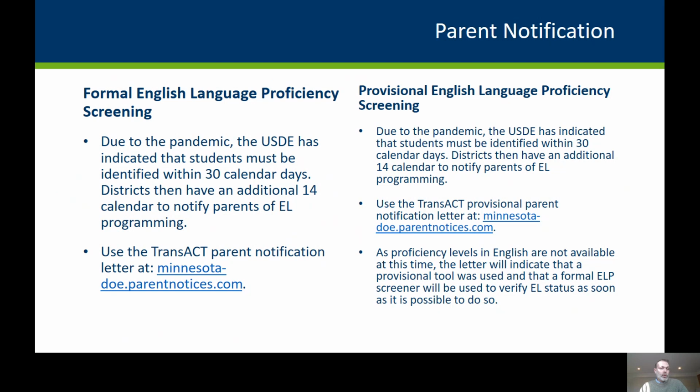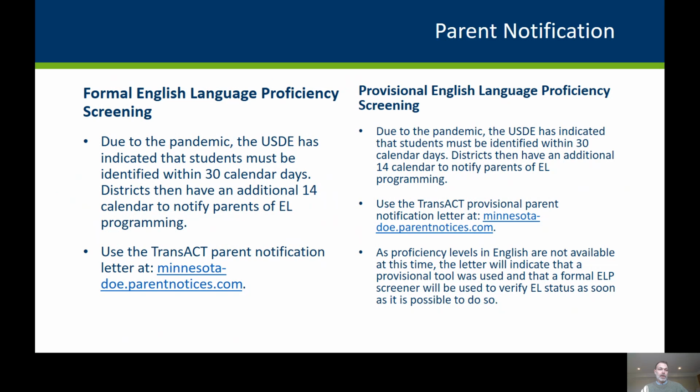Parent notification is going to look very similar to what it has looked like in the past. However, there is some flexibility from the U.S. Department of Education. So during the school year, where we would typically be saying that you have 14 days to identify students and notify parents, you have a little bit of flexibility now.